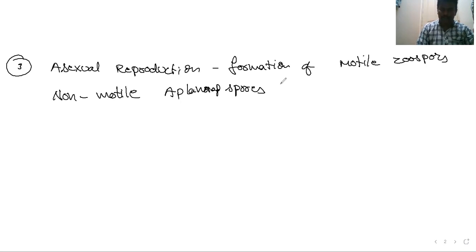So asexual reproduction takes place with the formation of motile zoospores or non-motile aplanospores.